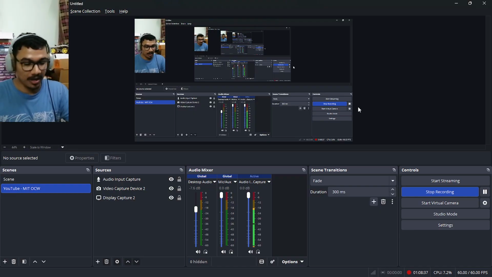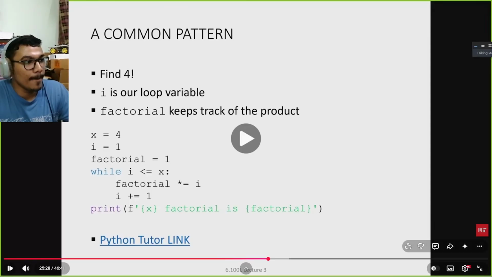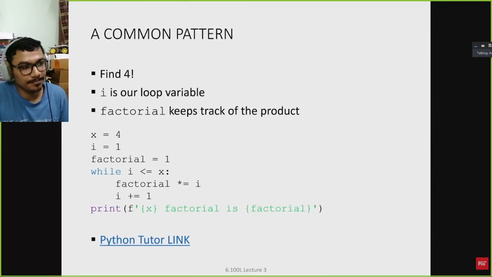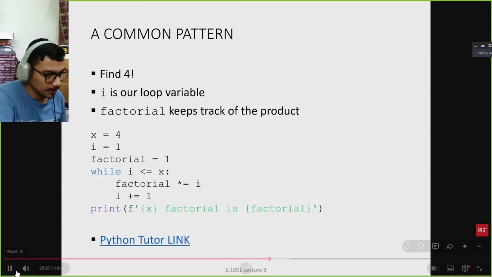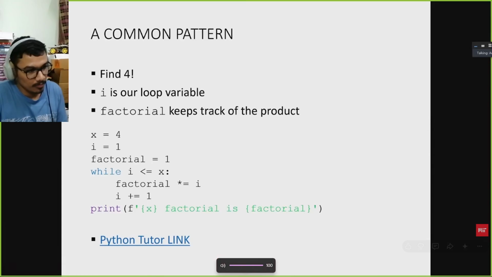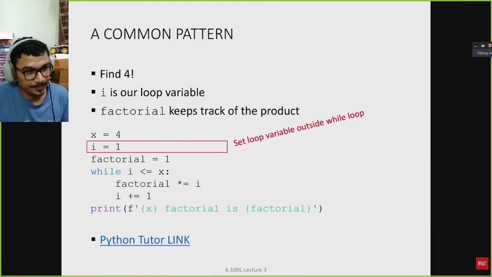Okay, so I understood the code. Well, there's a lot of things I'm initializing here, but the more you work with loops, you'll get used to seeing what the loop variable is. So I is going to be my loop variable. Here it's being set to some value initially outside the loop.